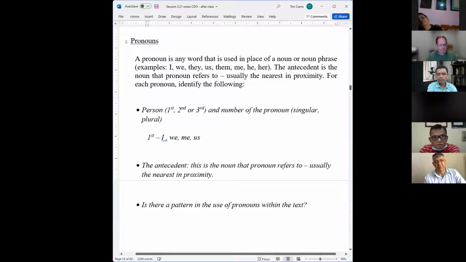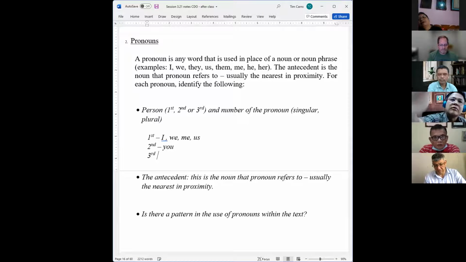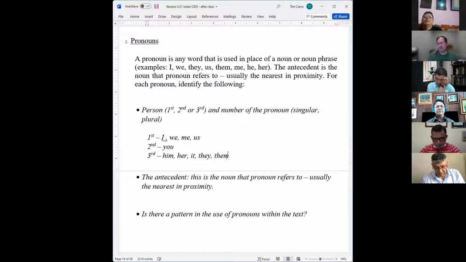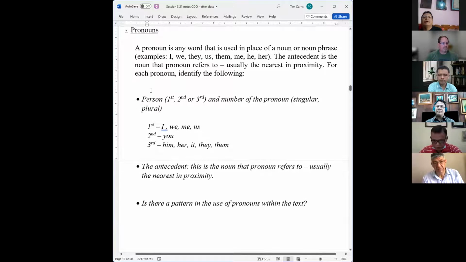That's first person. A second person would be you. A third person would be him, her, it, they, them. And then whether it's plural or singular is also important to consider.